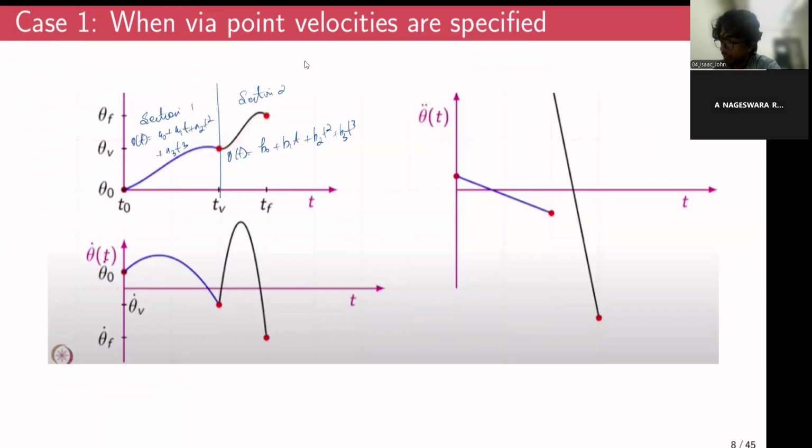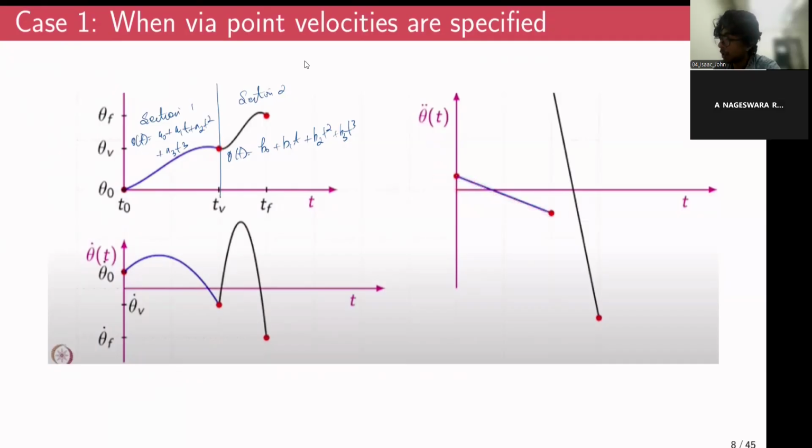And in that case, your velocities would look something like this. If you take the derivative of this curve, the corresponding velocity would look something like this. And if you take the derivative again for accelerations, your acceleration profile would look something like this. Initially it'll be linear with a specific slope and with a specific offset.